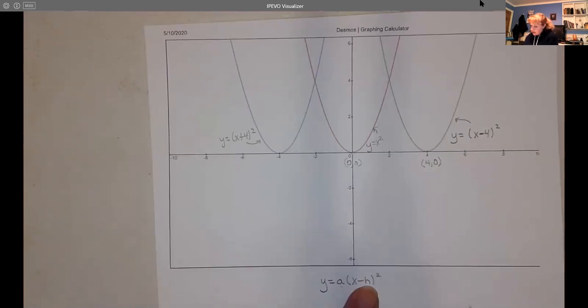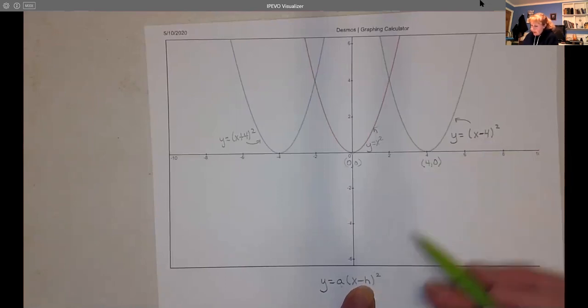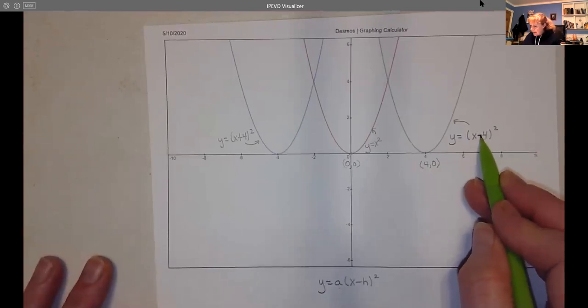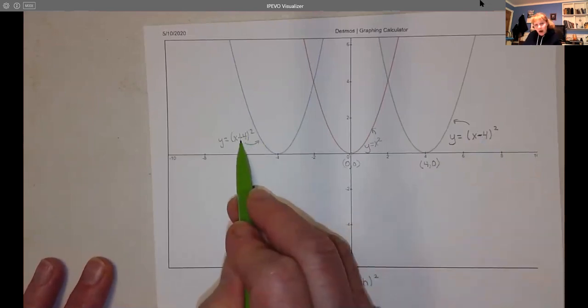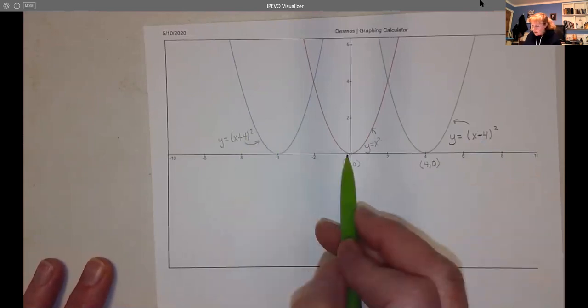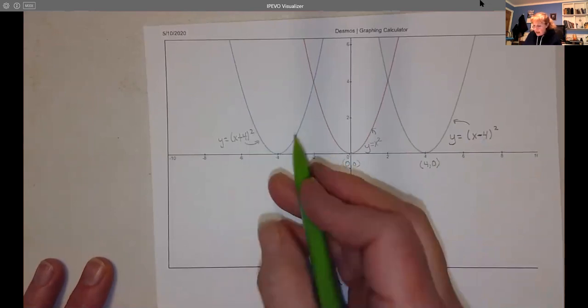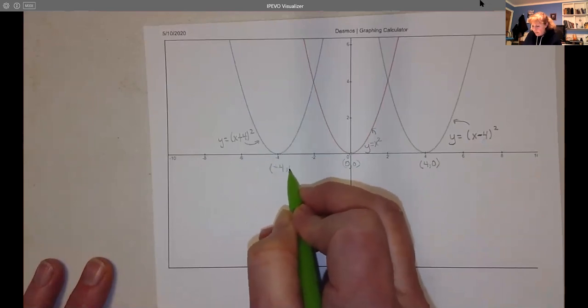Because the H had to be a +4. I like to think of it as just the opposite. So if this is negative, you're going to go to the right 4. If this is positive, you end up going to the left 4. So the vertex has been shifted to the left 4.